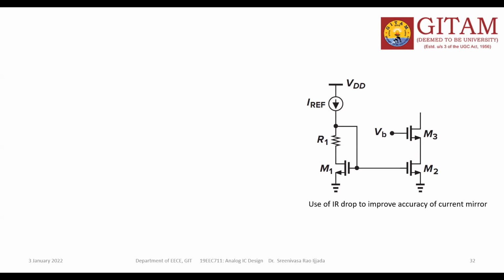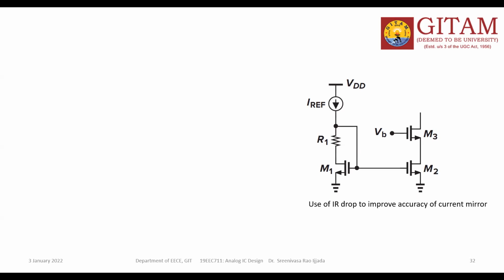The next one is, are there any issues with this circuit? Yes, we have two issues. The name of the circuit is IR drop circuit. What it does is improve the accuracy of the current mirror. But there are two issues.